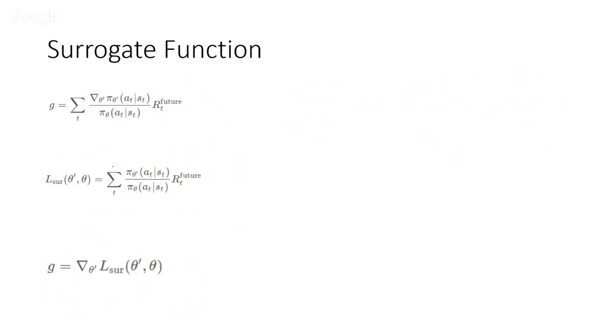This is the surrogate function: the probability of having this trajectory in theta prime over the probability of having the same trajectory in theta, times R T. This is what they call the surrogate function. This is the new policy function that we want to differentiate with respect to theta, and that will give us G. That's why it's called surrogate, because it's the substitute.